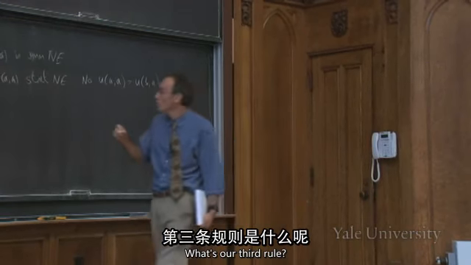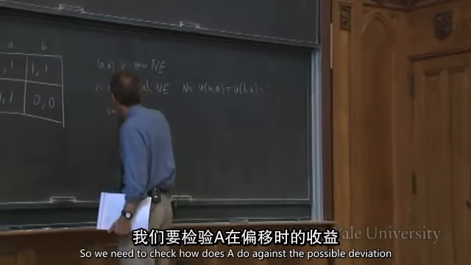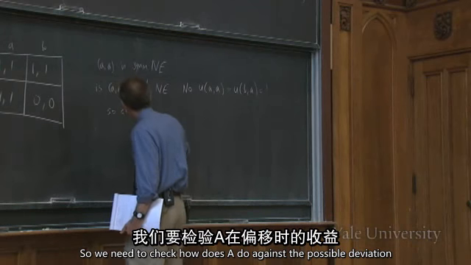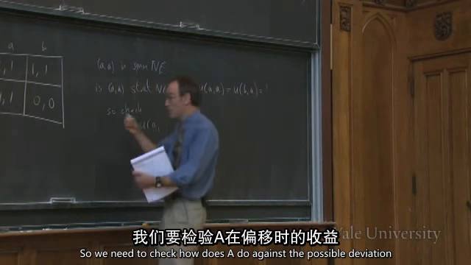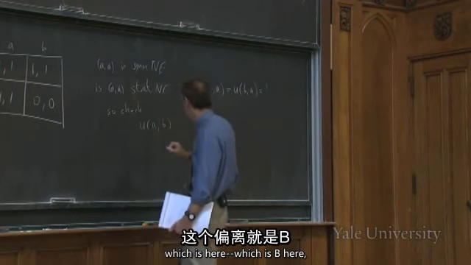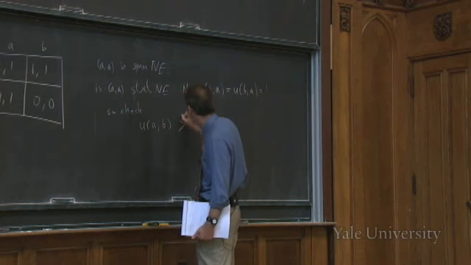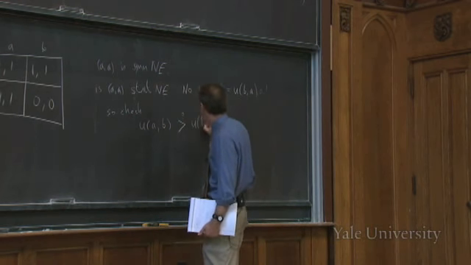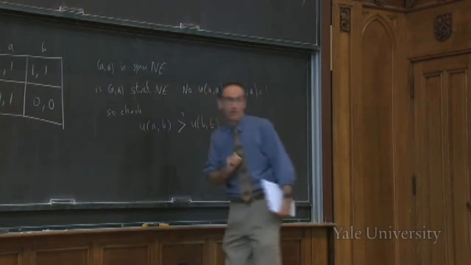What's our third rule? We need to check how A does against the possible deviation, which is B here. How does that compare with B against itself?